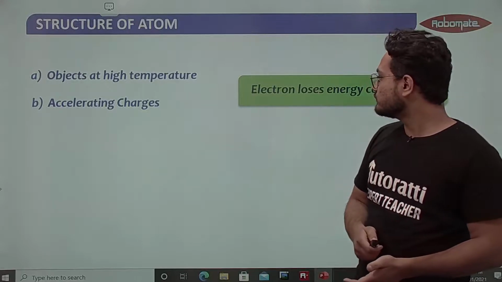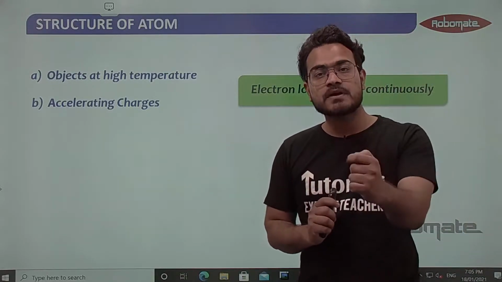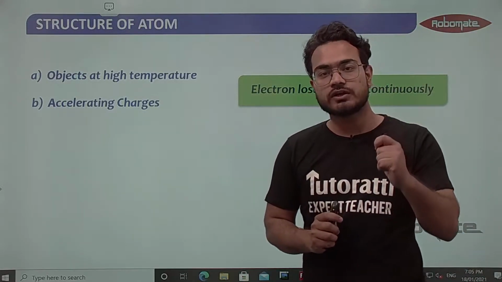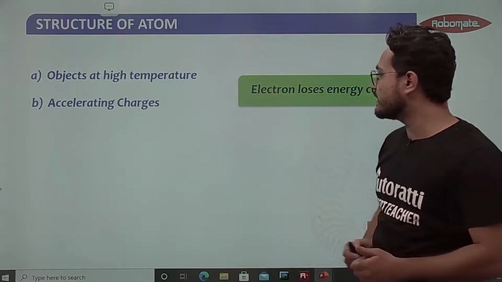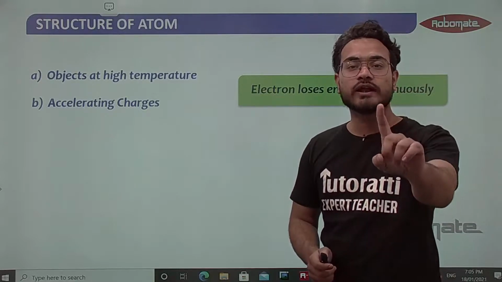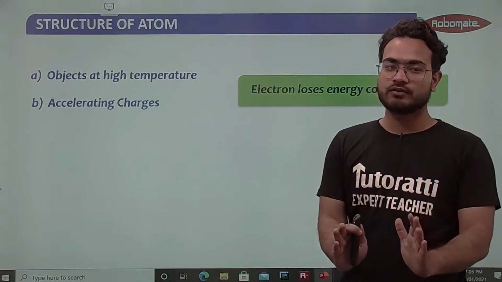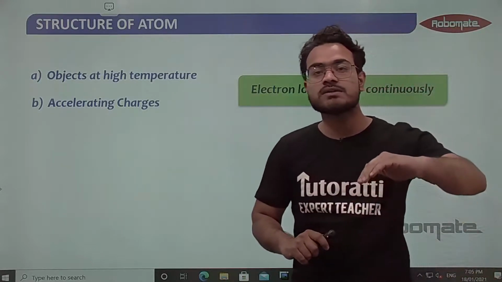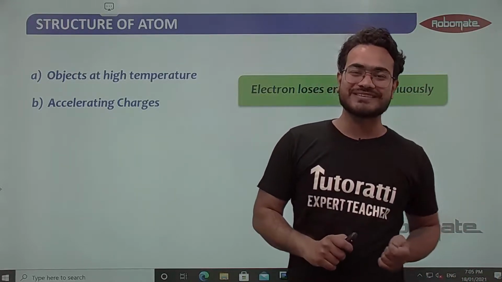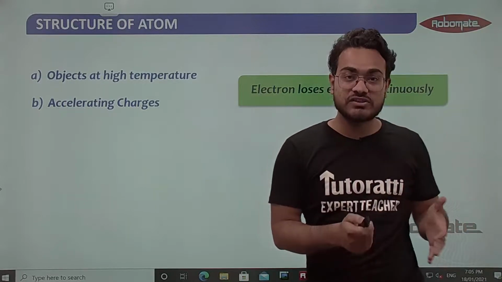As per Maxwell's theory, in the last session I told you that the electron loses its energy continuously. Who told that? Not me. Do not blame me for this. Maxwell told us that the electron loses this energy continuously.